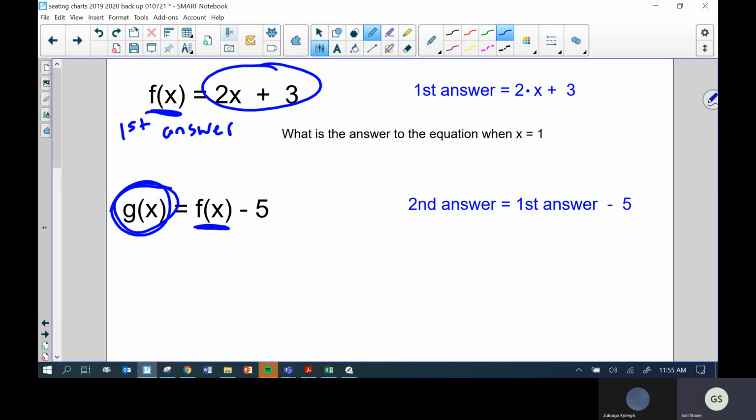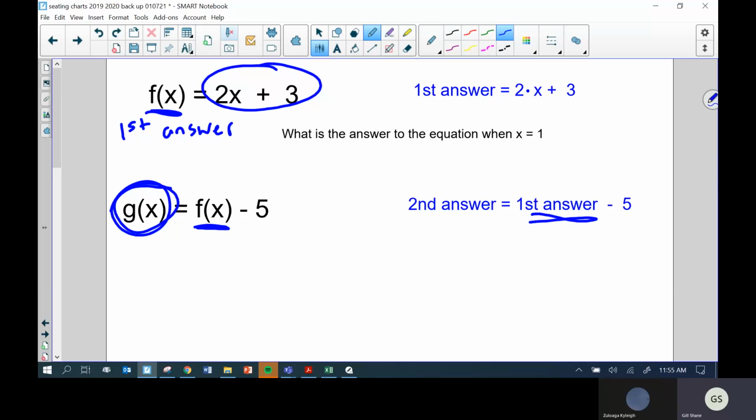That's the equation that goes with the first answer. So I need to solve that first equation. And then once I solve that first equation and I get an answer, whatever that is, I use the first answer right here to get the second answer. So the second answer is just going to be that first answer, subtract 5.